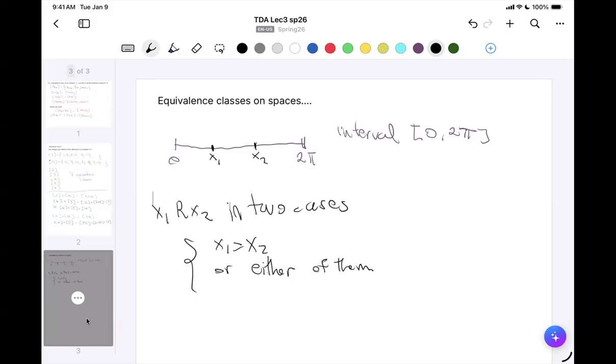So x1 is 0 and x2 is, for example, 2 pi. In other words, in this particular equivalence relation, 0 and 2 pi are related to one another.